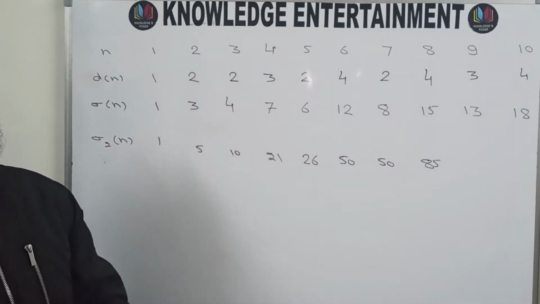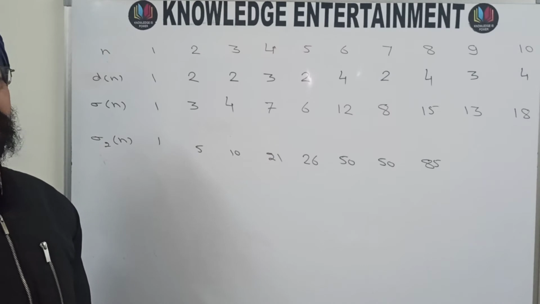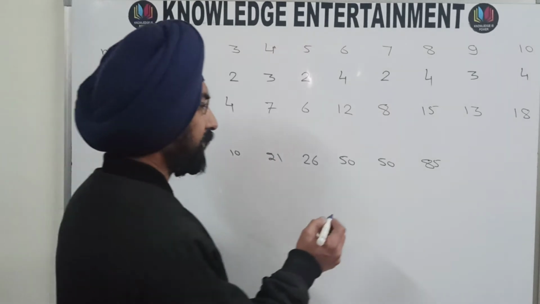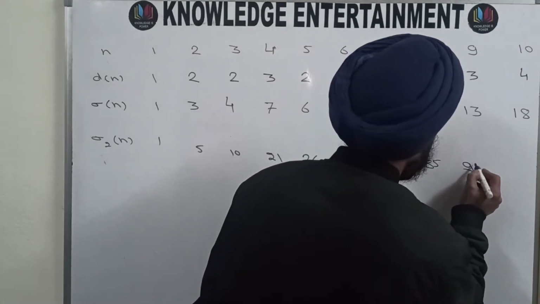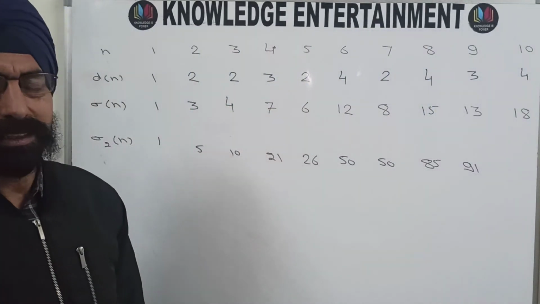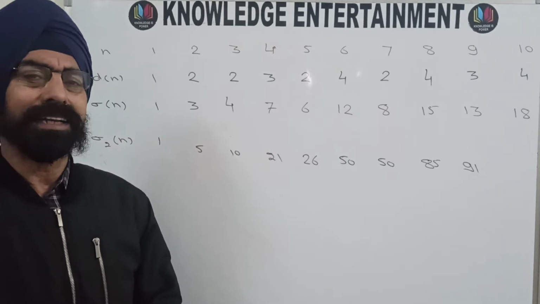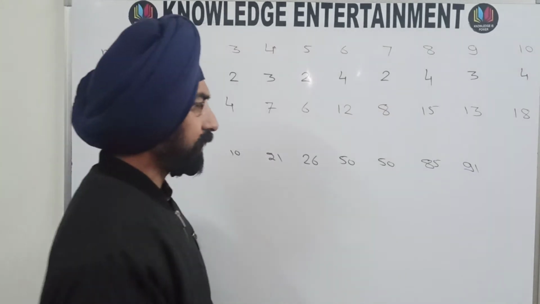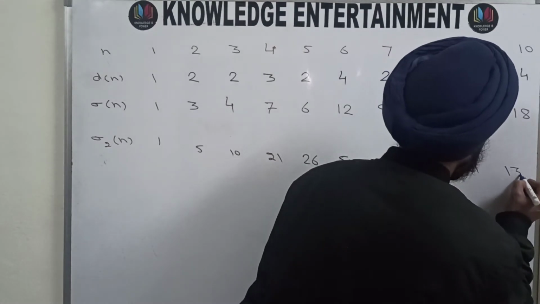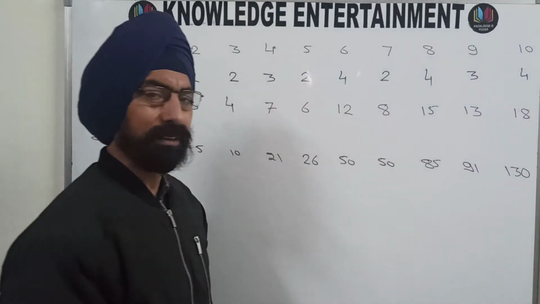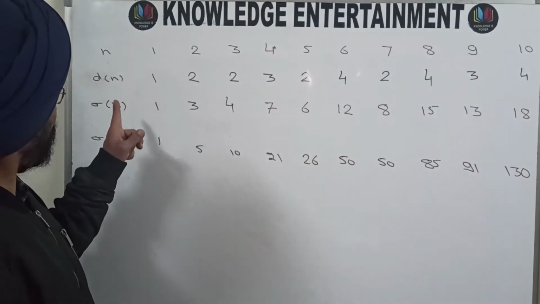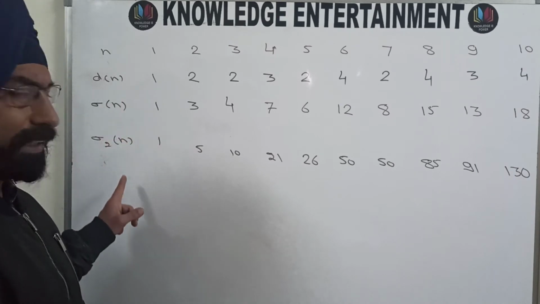For 9, the three divisors are 1, 3 and 9 and the sum of their squares is 91. For 10, the four divisors are 1, 2, 5 and 10 and the sum of their squares is I think 130. So 130 is the value of the last one. These are dn, sigma n and sigma 2n.